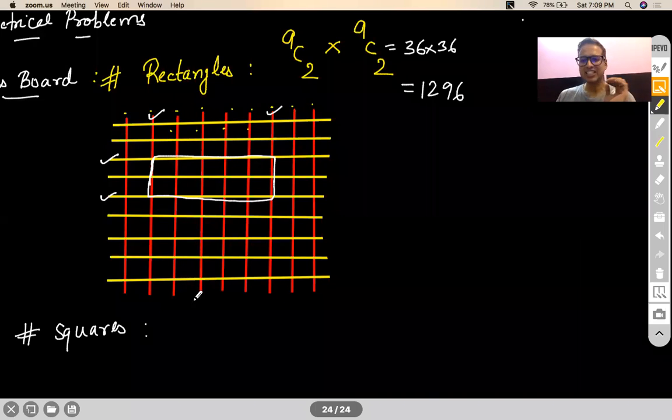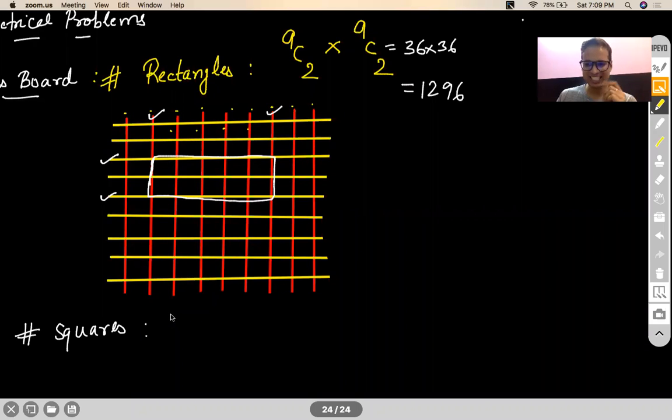Okay. Now the squares, no worry, Aaron. Yes, Pranav is correct. Now, in order to make a square, absolutely, Madhav.